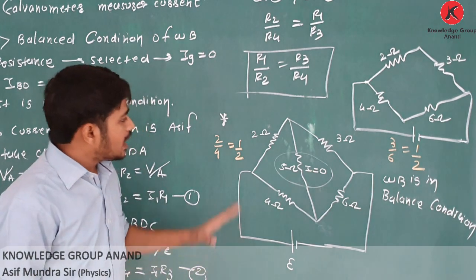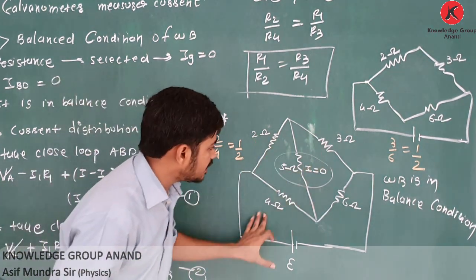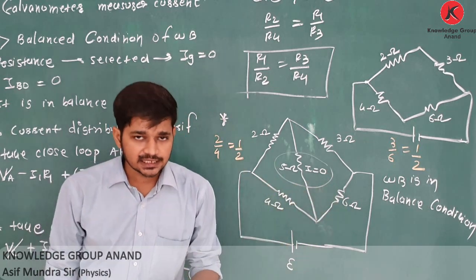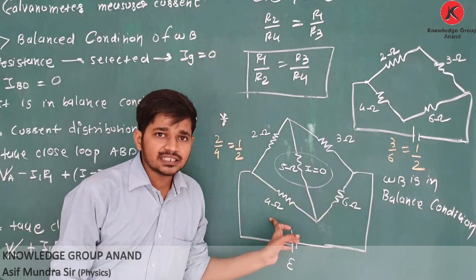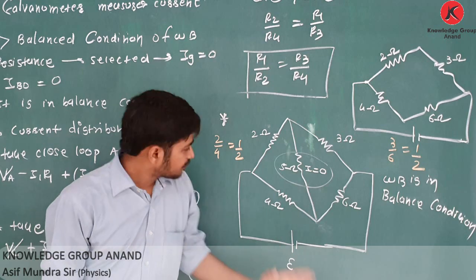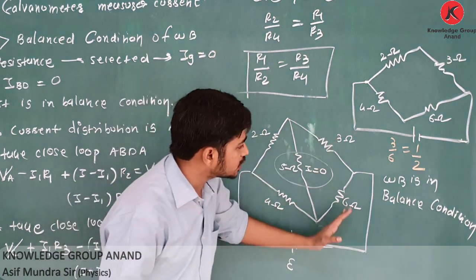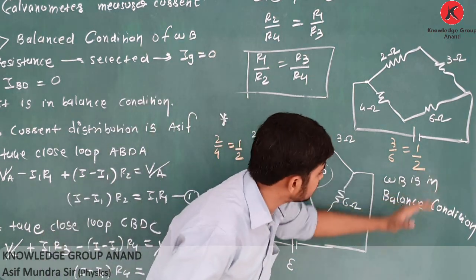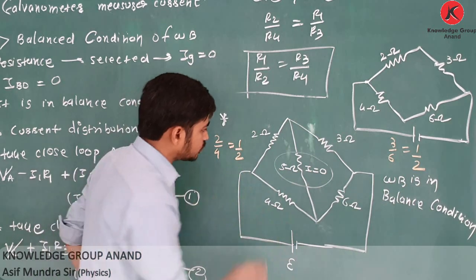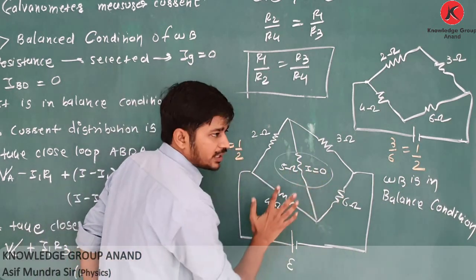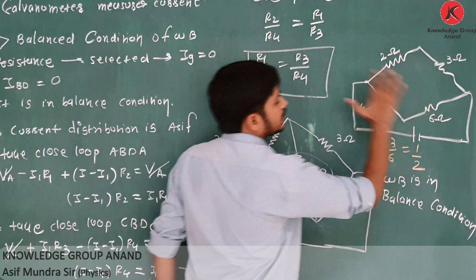So when you are given a circuit having a total of 5 resistances connected like this, it is called a Wheatstone Bridge. If R1 upon R2 is equal to R3 upon R4, then the Wheatstone Bridge is in balanced condition. In this situation, the current flowing through this arm is 0, so you have to eliminate it.